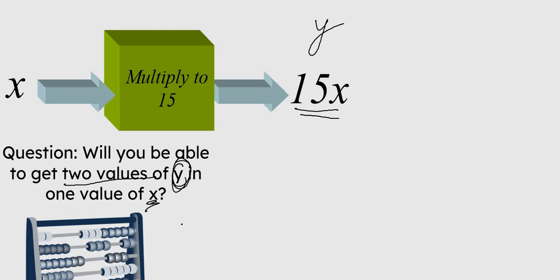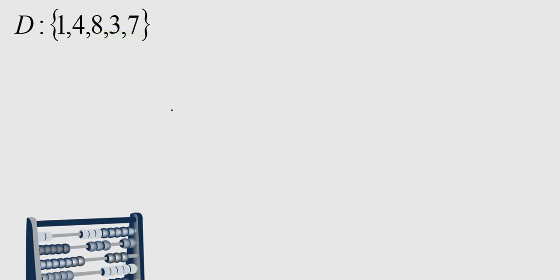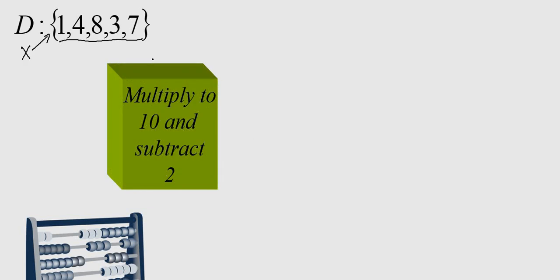Let's try another relation. Let's say we have these numbers as our domain or the values of x. And we have this specific relation that we multiply the number by 10, then subtract 2.